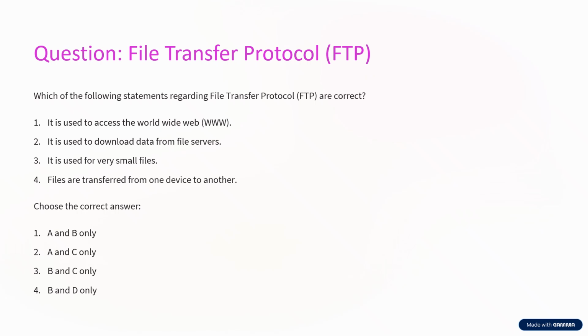C: it is used for very small files. D: files are transferred from one device to another device. So 1 is A, 2 is B, 3 is C and 4 is D.